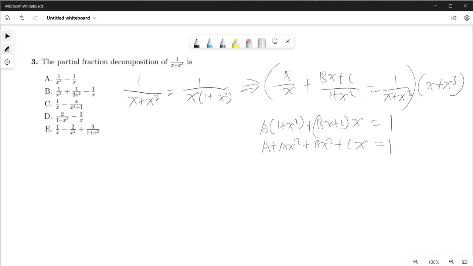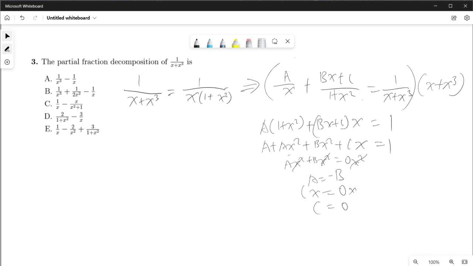And then I separate the different powers, right? For the x squares, there's no x squared on this side, so I have Ax squared plus Bx squared equal to 0x squared, right? I can take the x squares out, so B equals negative A, or A equals negative B. And then Cx equals 0x, right? So C equals 0.